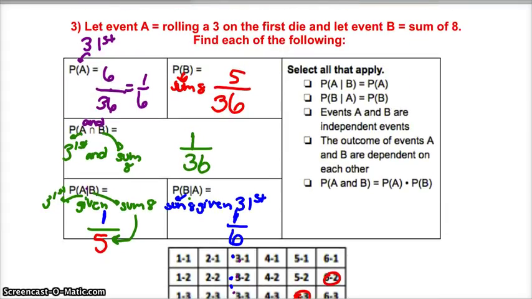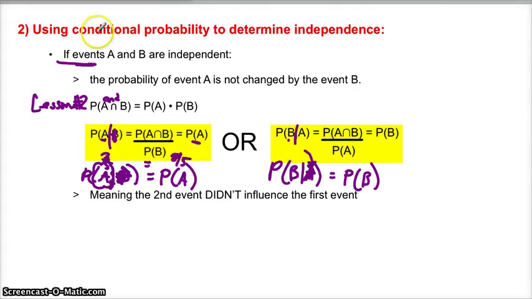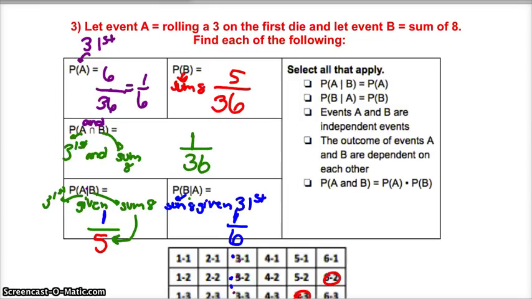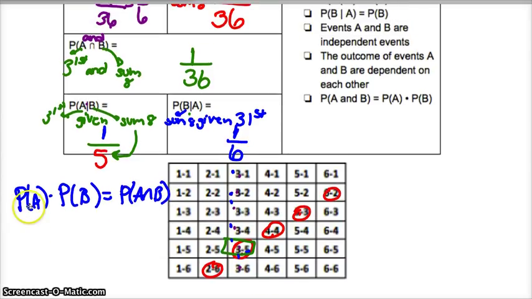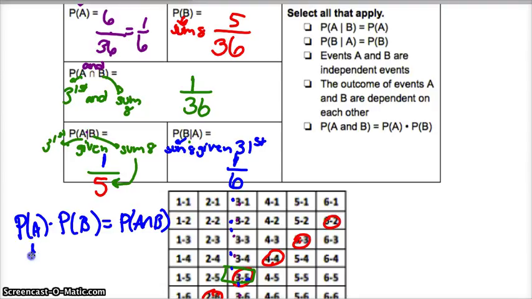If you look back here, it says if events are independent, then the probability of A times the probability of B equals the probability of A and B. So let's check it. We found the probability of A, it's 1 over 6.